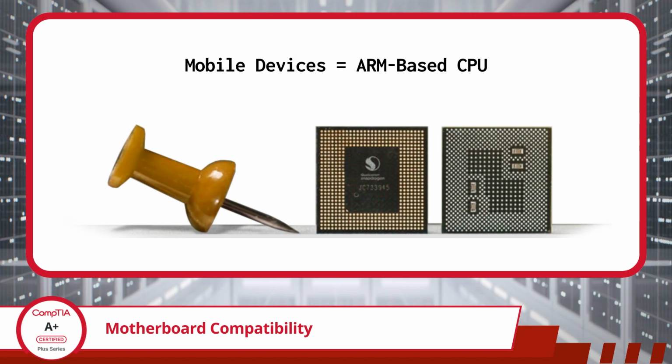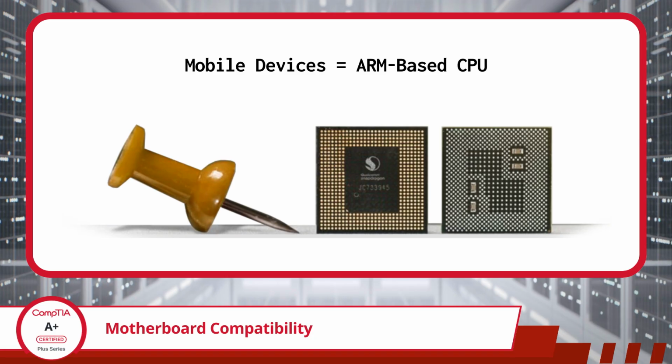Mobile devices, in stark contrast to their desktop and server counterparts, operate on a distinct architecture, commonly incorporating ARM-based CPUs. These processors are renowned for striking a delicate balance between performance and energy efficiency, making them particularly well-suited for the demands of mobile computing. Engineered to deliver robust processing capabilities while consuming minimal power, ARM-based CPUs are encapsulated within a compact footprint.